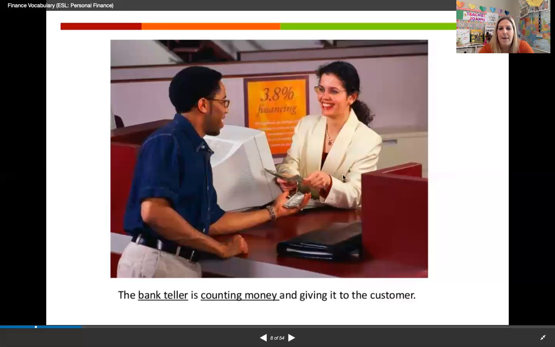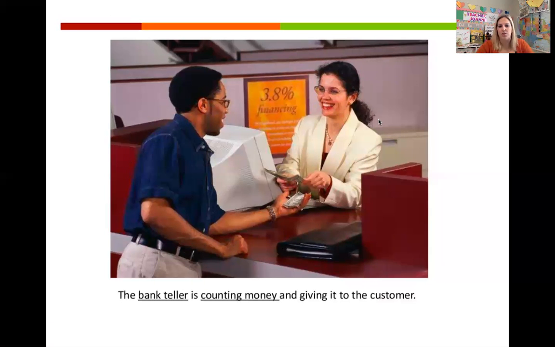Okay, the bank teller, the person that works at the bank, is counting the money and giving it to the customer. So what that probably means is instead of going to the ATM, which is that computer that we just saw to take out money, this customer, who is the one that owns the bank account, went into the bank, asked to withdraw money from their own personal account.